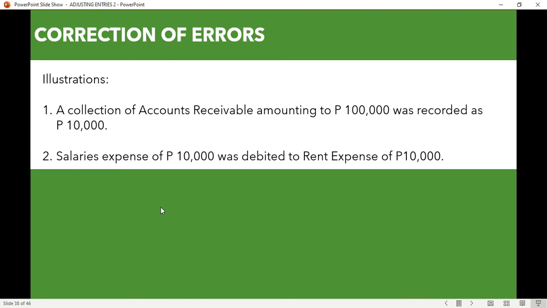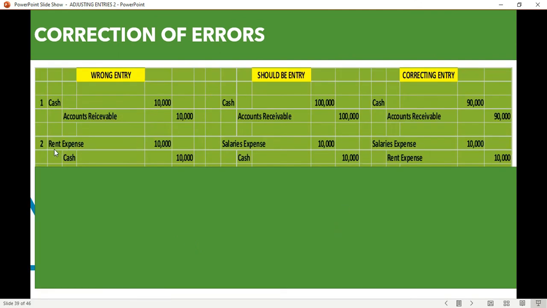Okay, then we have number 2: salaries expense of 10,000 was debited to rent expense of 10,000. So this is the wrong entry for number 2: rent expense 10,000, then credit to cash 10,000. Then the should-be entry, since that is a salaries expense, no?